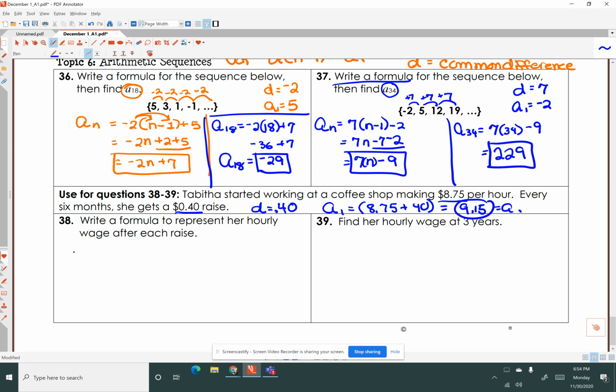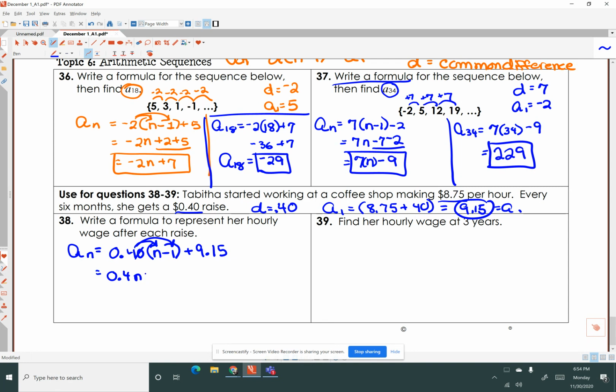So let's write the formula first. A sub n equals the common difference, which is 0.40, times n minus 1 plus our first term, which is $9.15. So first we distribute the 40 cents. So 0.4, and we don't need that 0, we can take that out.